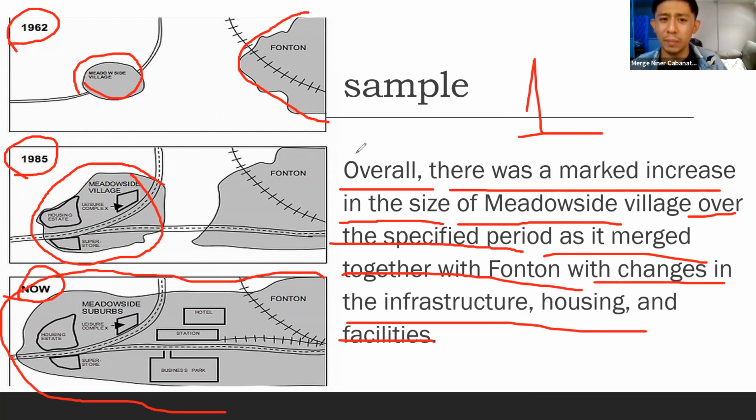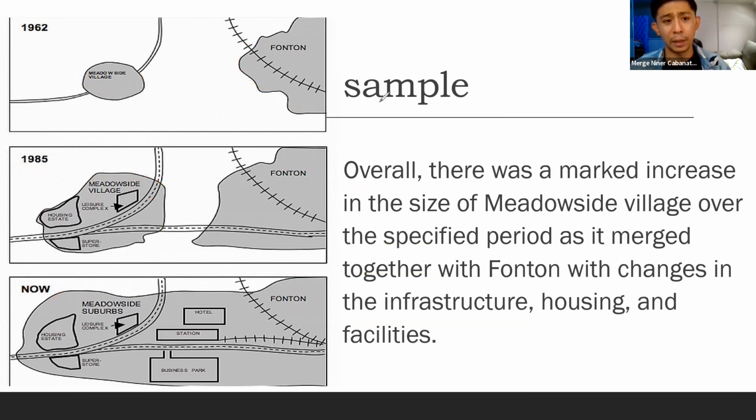It is as long as my introduction, but it is still considered a complex sentence because of how many connecting devices I used. I have here a combination of one independent clause and two dependent clauses. That makes it a complex sentence type. So that's how I did my overview for this example.